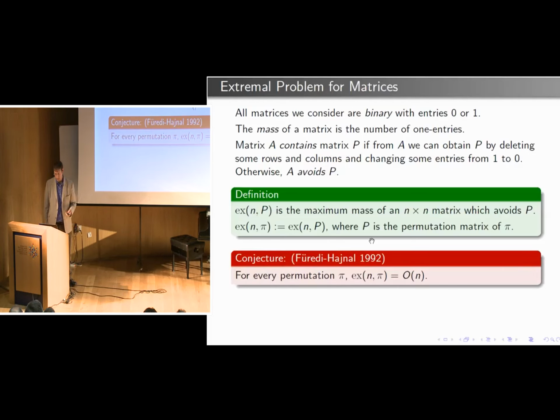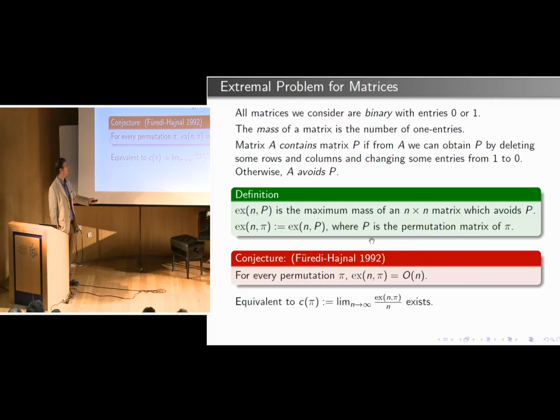This is another well-known conjecture in this area, of Füredi and Hajnal. They conjectured that if you have a permutation pi, this extremal number ex(n, pi) is only linear in n. You can only fill the n by n matrix with a linear number of ones, otherwise you'll get a copy of pi.